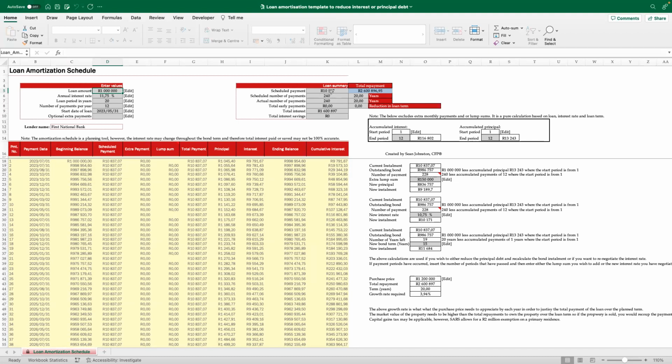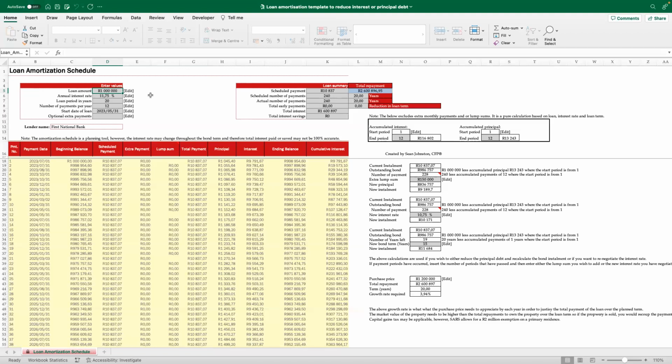This is the amount that you need to pay every month to finance this loan. So if you take 20 years, 20 times 12 would get you to the number of payments you need to make, which is going to be 240 payments. So you have to make 240 payments of 10,837 to be able to finance R1,000,000 loan.